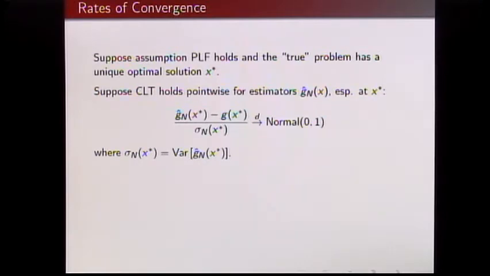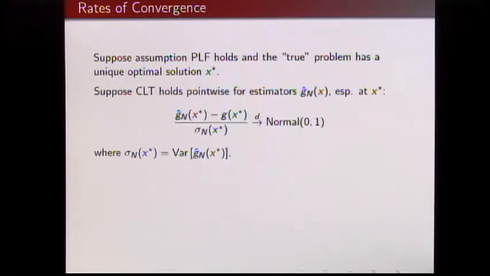So for each x, I can write my estimator minus the mean, the thing that I'm trying to estimate, divided by the standard deviation of my estimator, which will converge in distribution to a standard normal, all right? This holds for each x, especially I'm writing it at the unique optimal solution, okay?